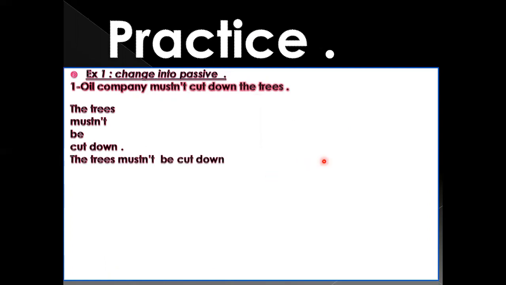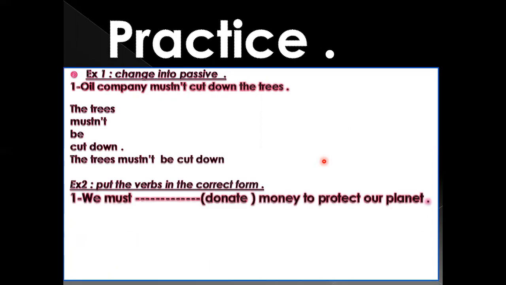Okay, the second activity: put the verbs into the correct form. In this activity, you are going to notice whether your sentence starts with the subject or the object. Let's look at this sentence. We must donate money to protect our planet. Your sentence starts with the subject.